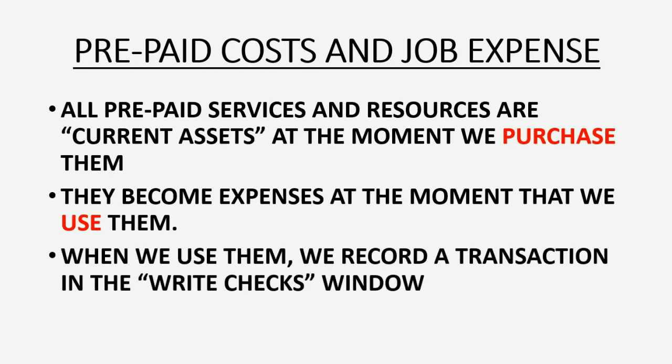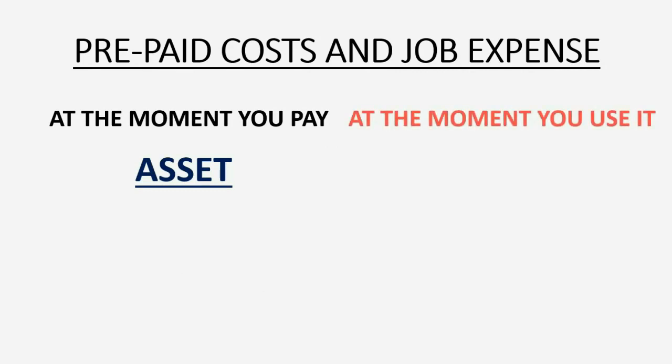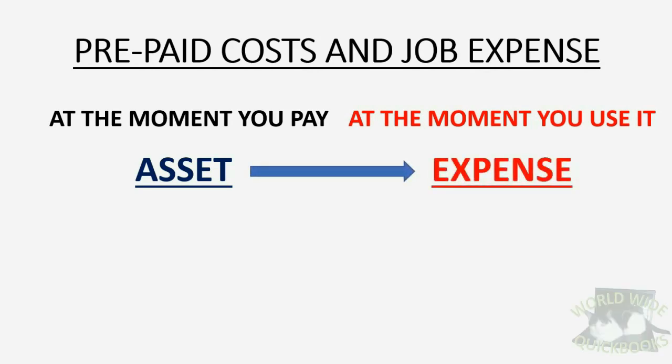And when we use them, we record a transaction in the write checks window, and that's a workaround that only attorneys have to use in QuickBooks Desktop to move the item from asset to expense for whatever was used for that particular client. For example, at the moment you pay for anything, you have an asset, and then as you use the value, the amount you use goes from asset to expense.